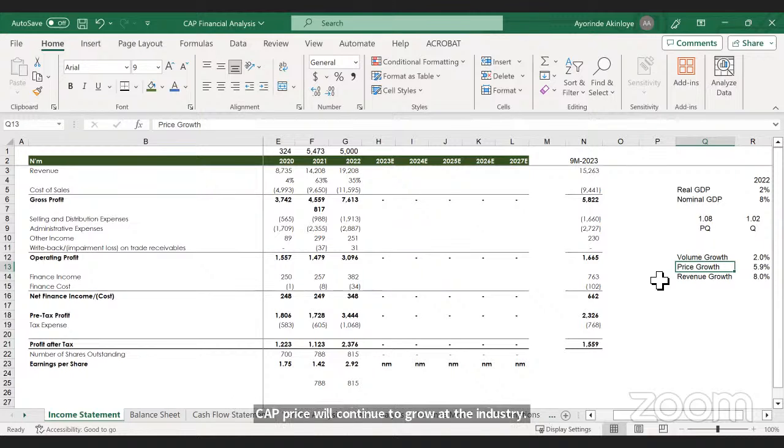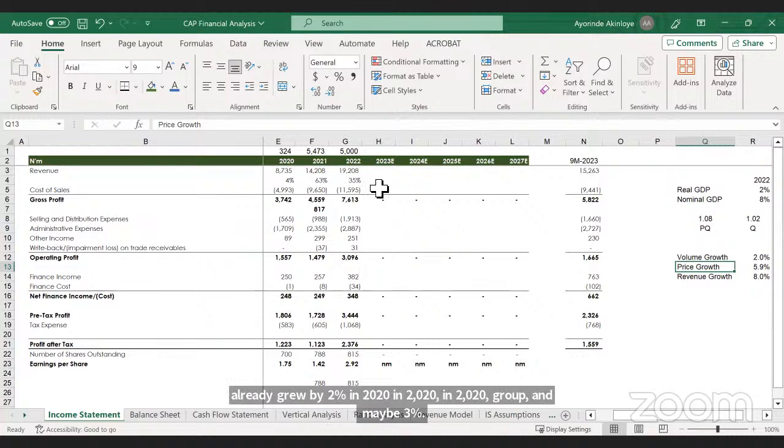Based on your analysis of the factors in the entire industry, that is based on your research. That is where your hard work comes in. You read about the paint industry in Nigeria. Do you think it is going to grow? What's going to drive prices? If historically, maybe in 2022, price grew by 5.9%, in 2021 maybe 2%, in 2020 maybe 3%, you can ask: are prices going to continue to increase?